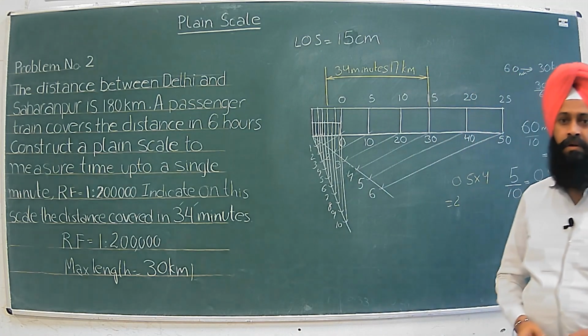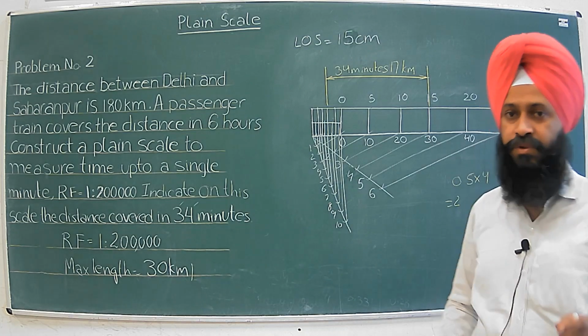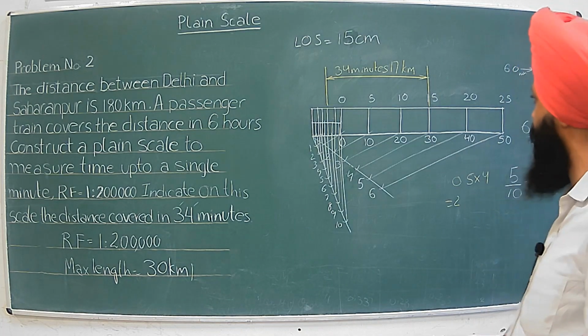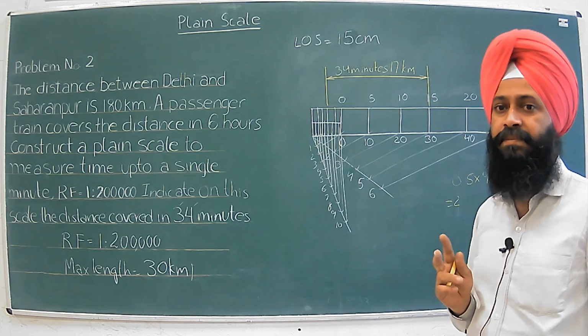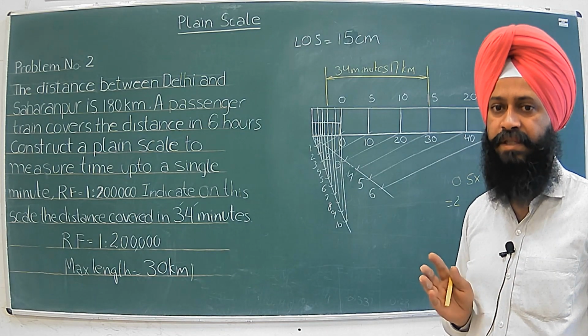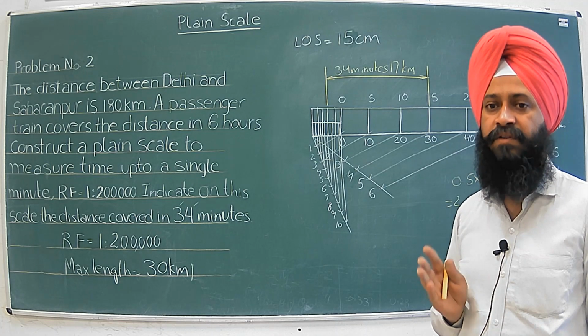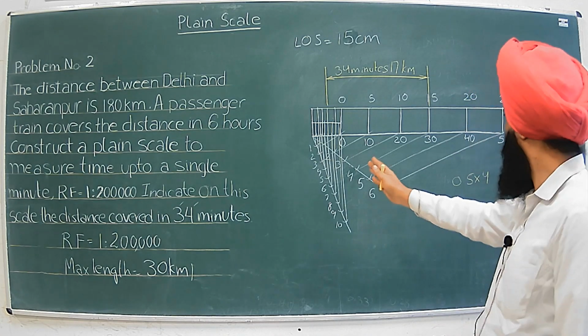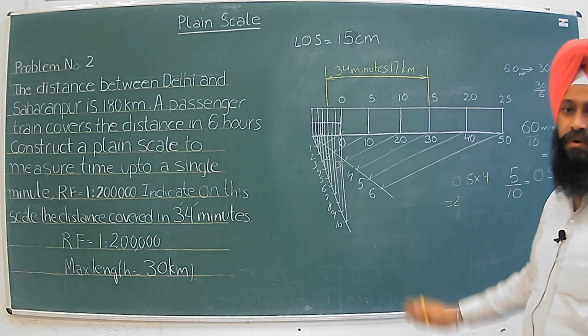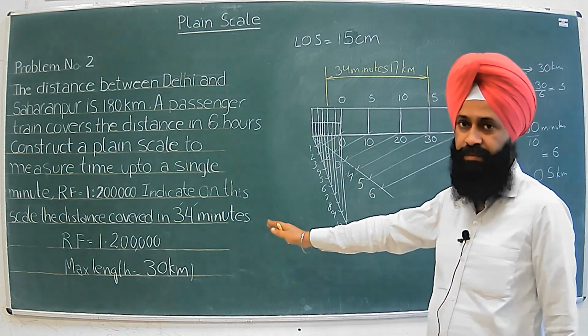Now the thing you should understand in this problem is that we have shown two units on the same scale, one of time and the other of distance. The difference is their division. We marked the division according to time because we were given 34 minutes.